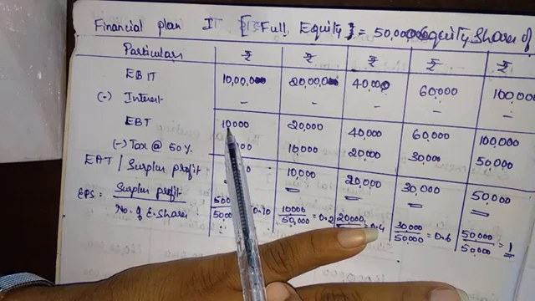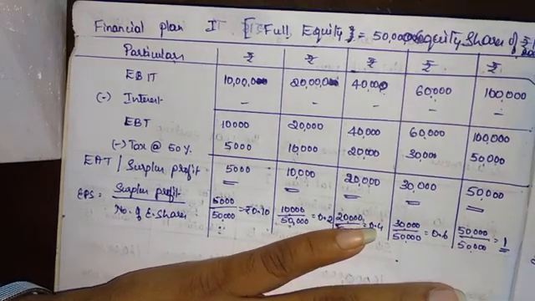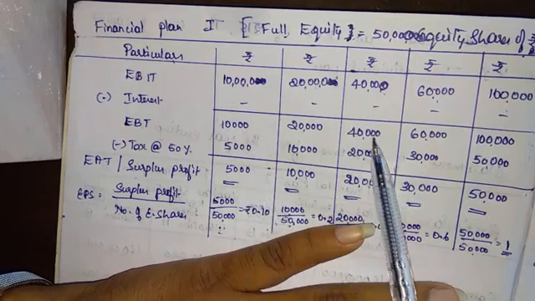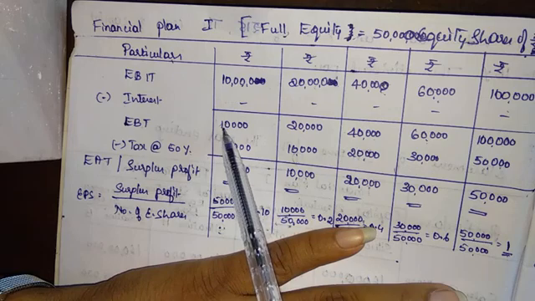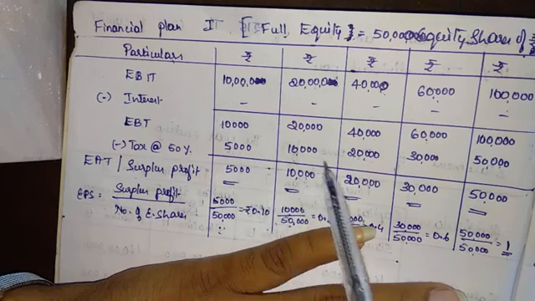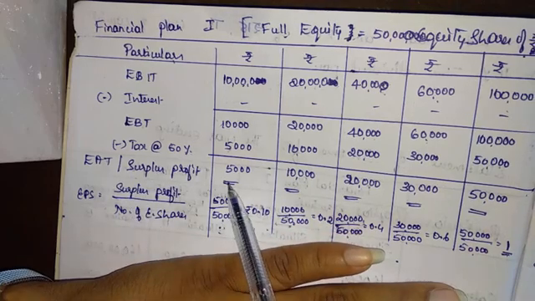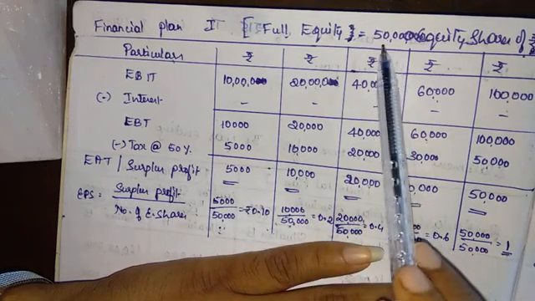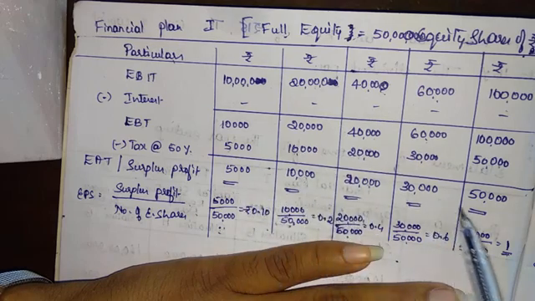So EBT remains the same as EBIT: 10,000, 20, 40, 60 and 1 lakh. Less tax at 50% on EBT: 5,000, 10,000, 20,000, 30,000, 50,000. Earning after tax only becomes surplus profit, as there are no preference shares in this plan: 5,000, 10,000, 20,000, 30,000 and 50,000.